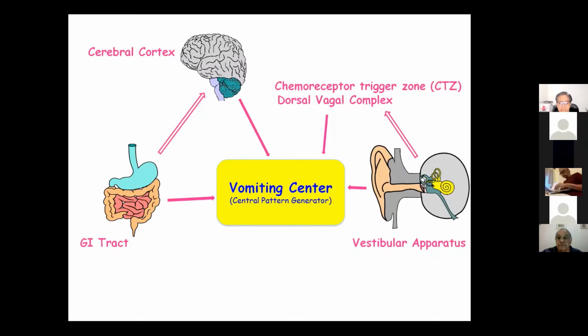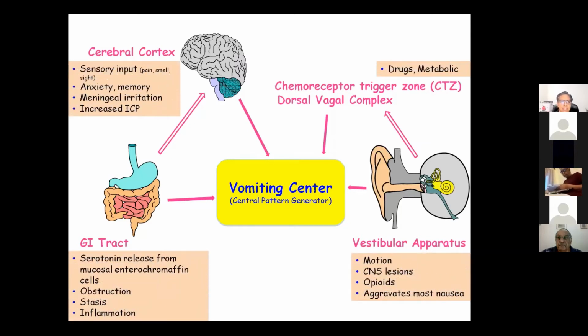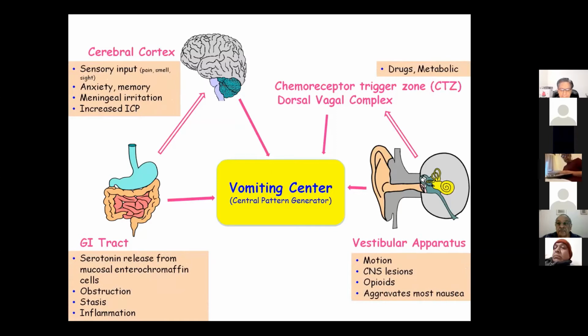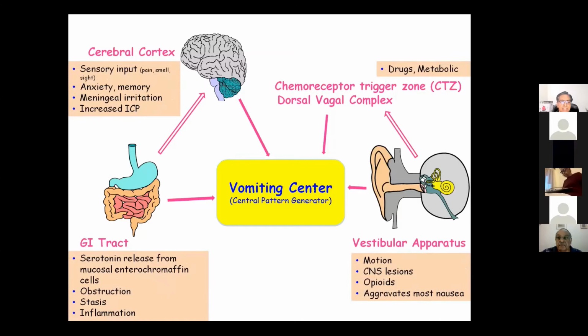It could be from the vestibular apparatus, or the chemoreceptor trigger zone, or the dorsal vagal complex, again a part of the brain itself, including the brainstem and the medulla. Now, these components are being stimulated by various sensations that can lead to the elicitation of the vomiting center finally, which is a central pattern generator for the occurrence of nausea and vomiting.